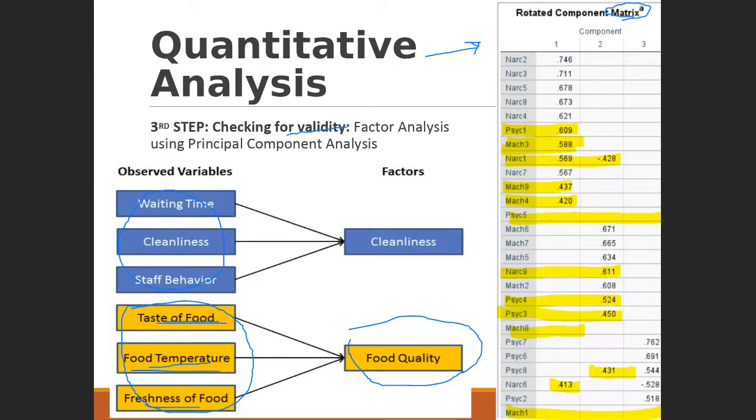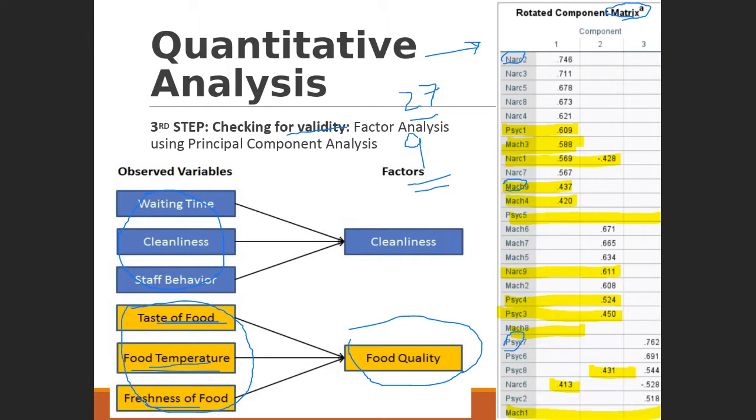NARC stands for narcissism, MACH stands for Machiavellianism, PSYC stands for psychopathy. So basically, these are dark personality traits, and there are 27 questions in our questionnaire, 9 questions to measure each variable. Okay, so each variable is measured by 9 questions.